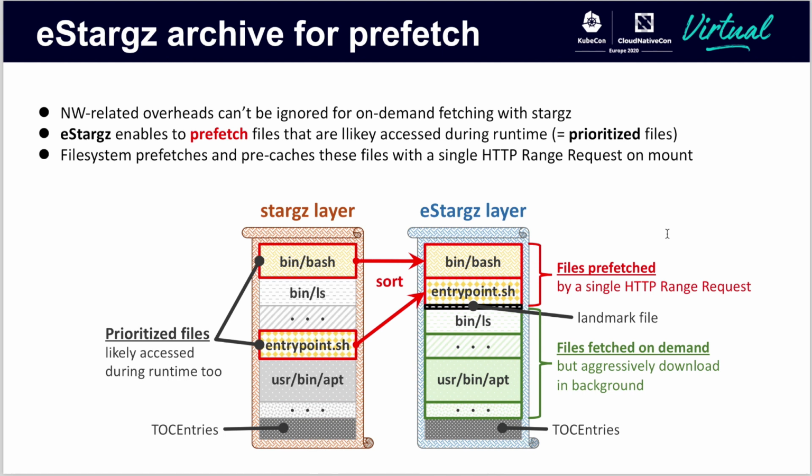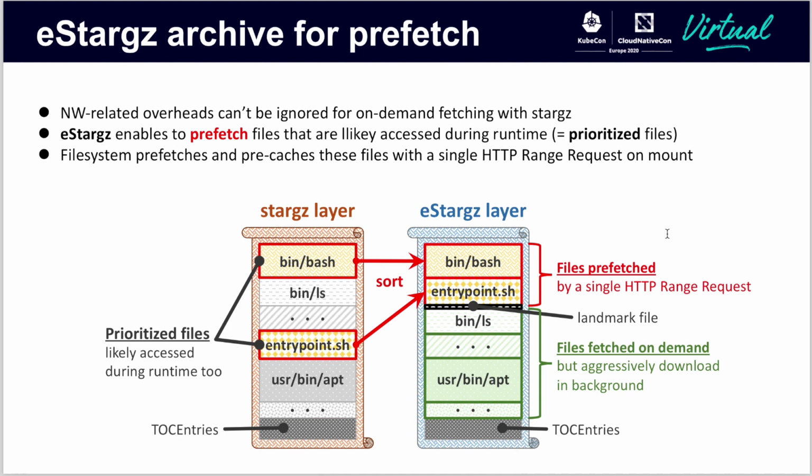As shown in the diagram, eStargz allows grouping file entries based on priority. Let's say we know the files marked with red boundary are likely accessed, so prioritized files during runtime, and eStargz indicates this information about likely accessed files as the order of file entries.